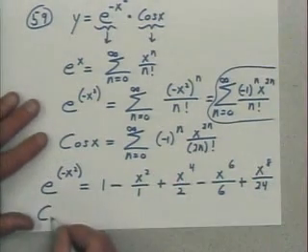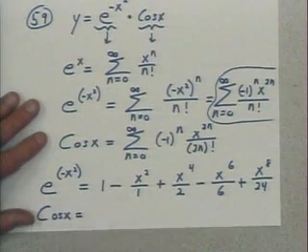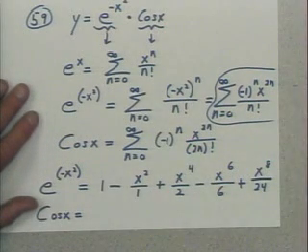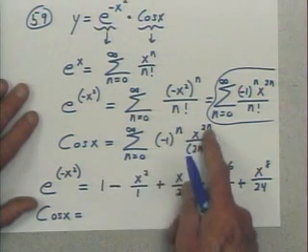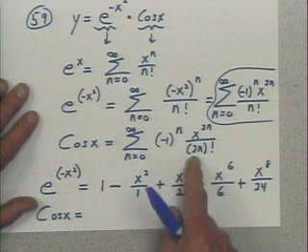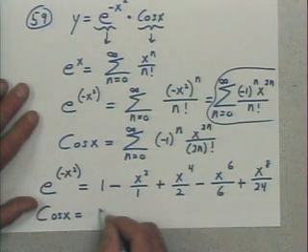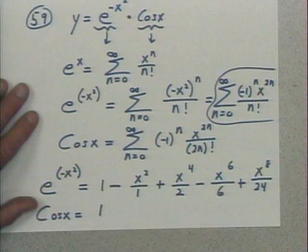All right, now let's expand a bunch of cosine x. If you replace x with 0, what do you get? Yeah, minus 1 to the 0 is 1. x to the 0 is 1, 2 times 0 is 0. I think the first term of that is 1.